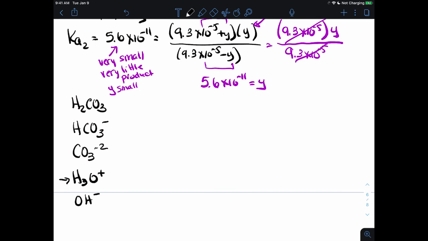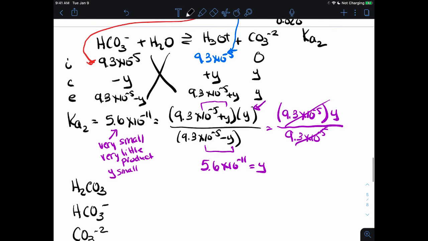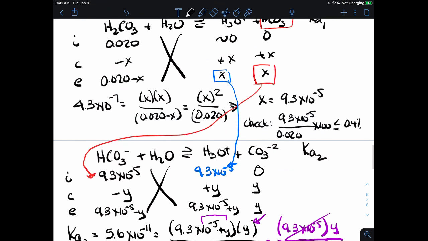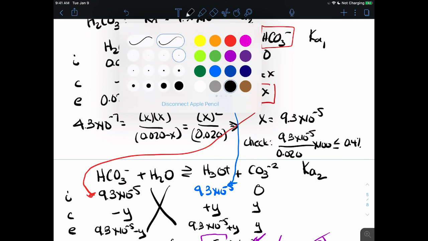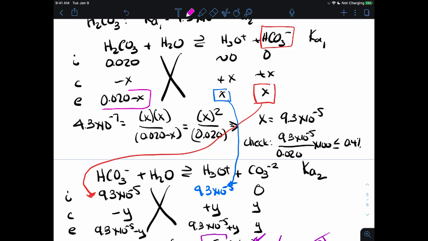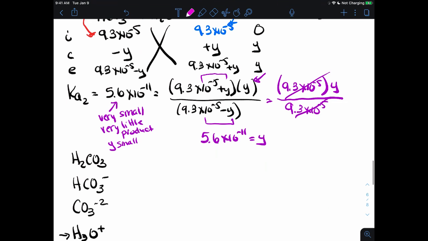So H2CO3, go back to your ice table, find H2CO3. It turns out, is right there. 0.020 minus x, so 0.020 minus that 9.3 times 10 to the negative 5. So just like we found, basically it remained unchanged, 0.020.